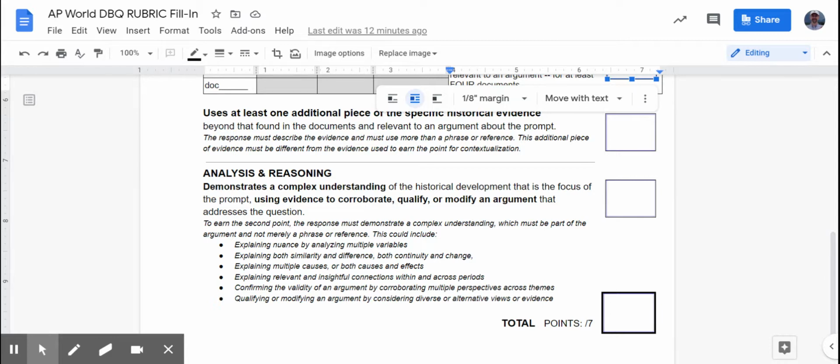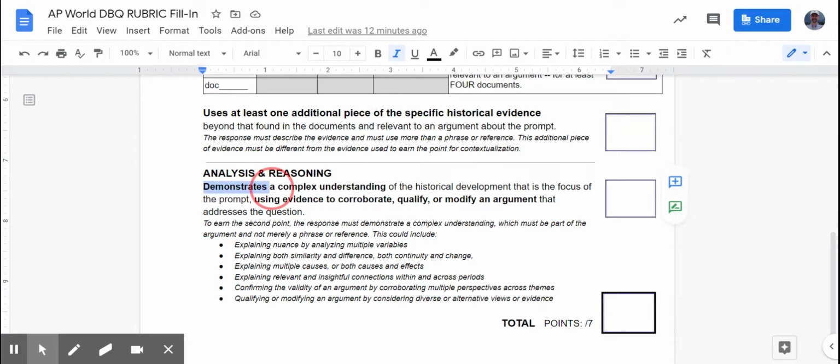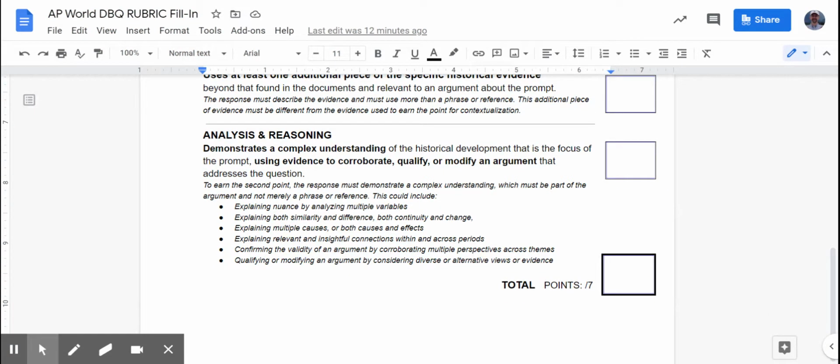The last point is for analysis and reasoning. Now, some of you are already doing this as well. Demonstrates a complex understanding of historical development that is the focus of the prompt. Using evidence to corroborate, qualify, or modify an argument. Now, what does this all mean?